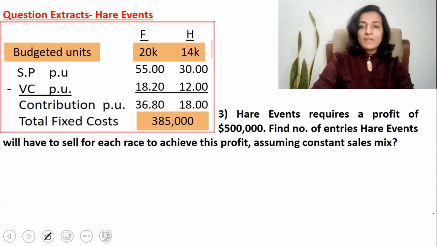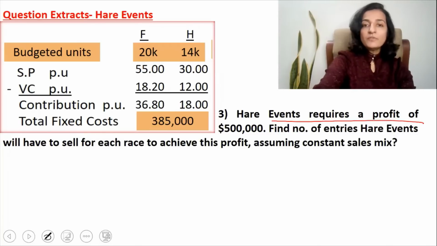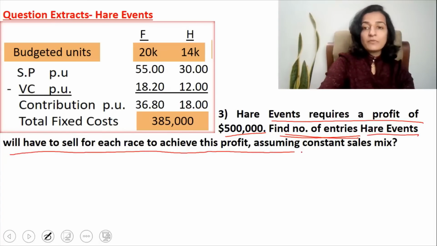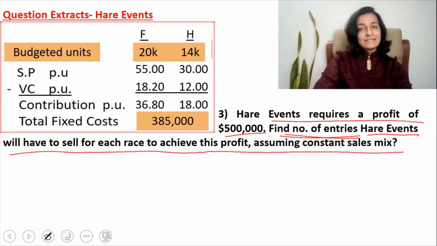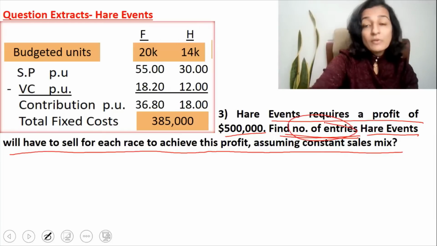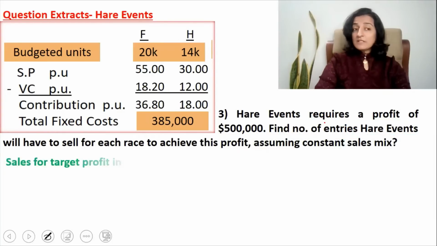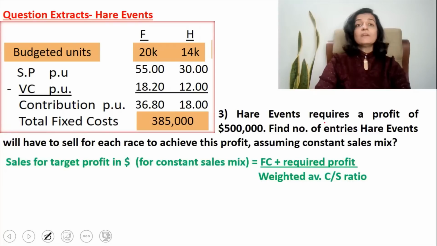Coming to part 3, Hare Events requires a profit of $500,000. Find the number of entries Hare Events will have to sell for each race to achieve this profit, assuming constant sales mix. So here we are supposed to find out the number of entries or the number of units. The first formula is sales required for achieving a target profit in dollar.